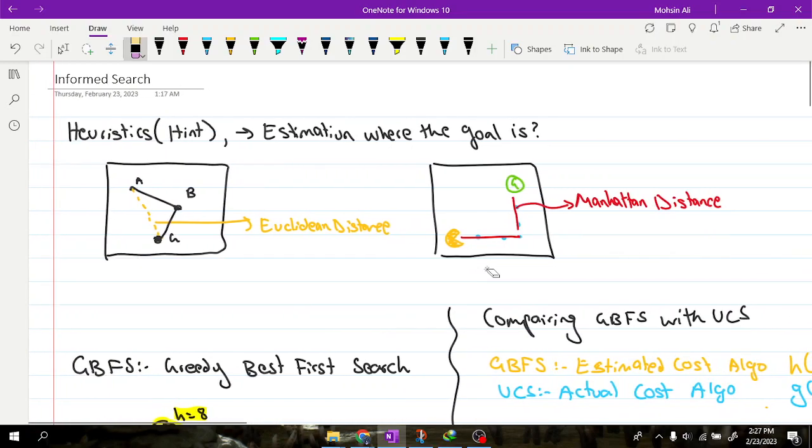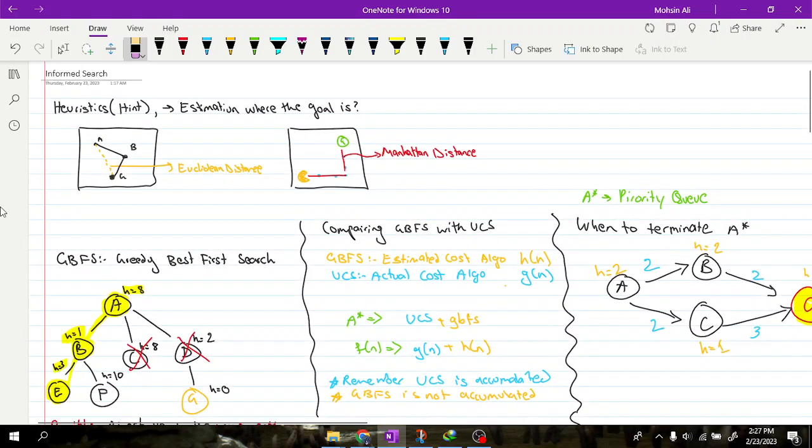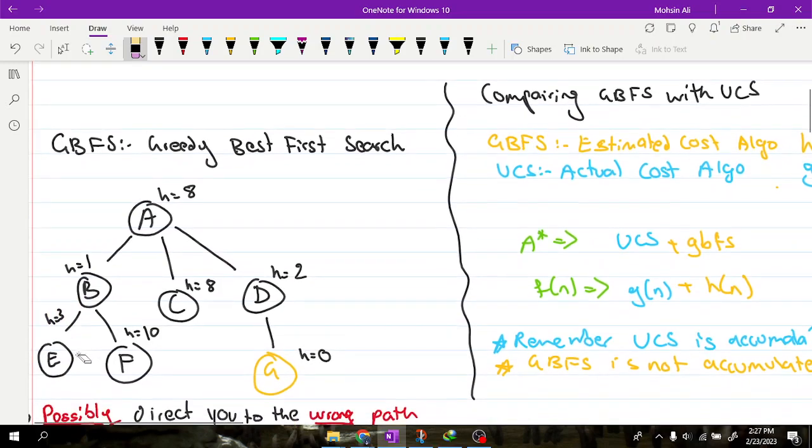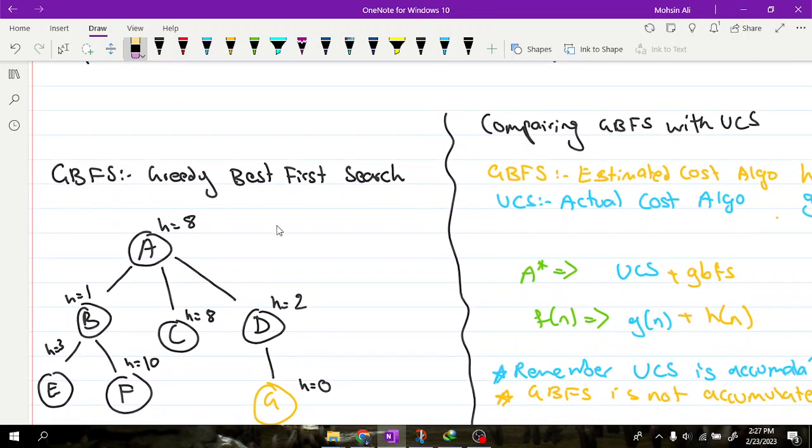Now let's take a look at the first type of search that we're going to be discussing in informed search. This is known as GBFS. Let me just remove these marks and talk you through the entire traversal that we will be doing in this video. So that was H as 8, and there we go. Okay, so GBFS is greedy best first search, and the name states that it's greedy, right?